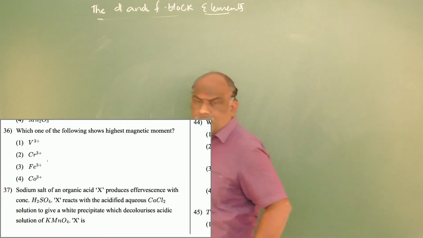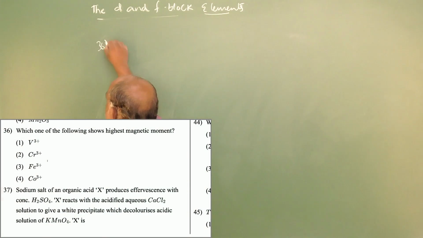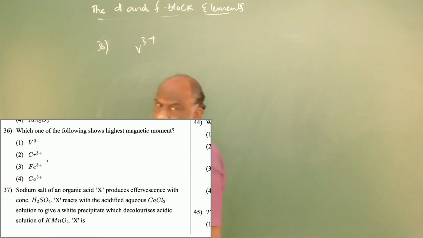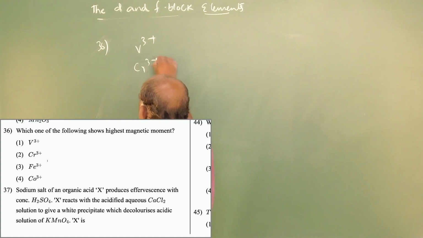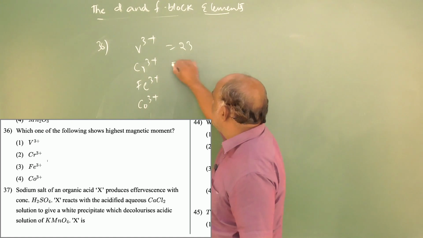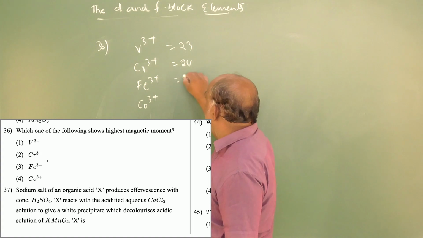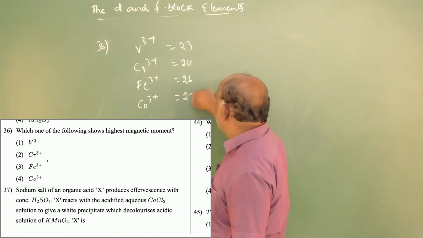So here we should go to the options. Option 1 is V3+, Cr3+, Fe3+, Co3+. Vanadium, chromium, iron, cobalt have atomic numbers 23, 24, 26, 27.